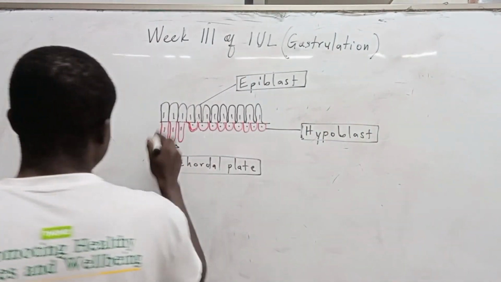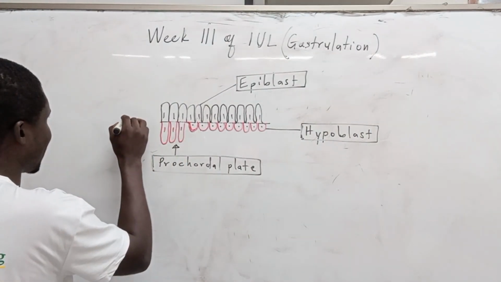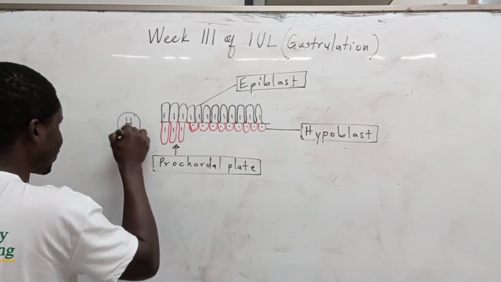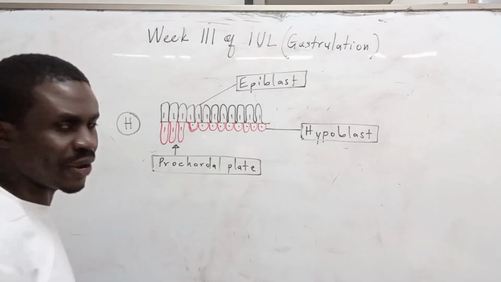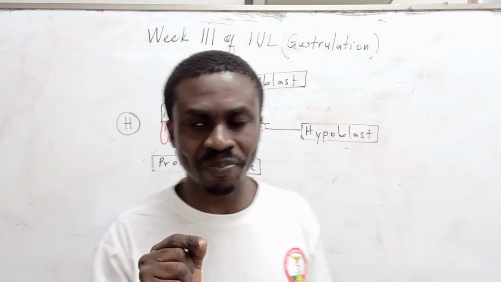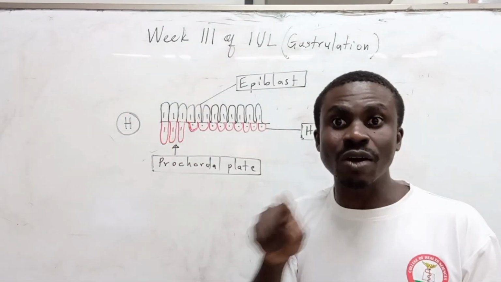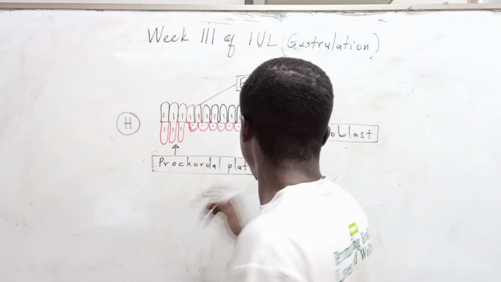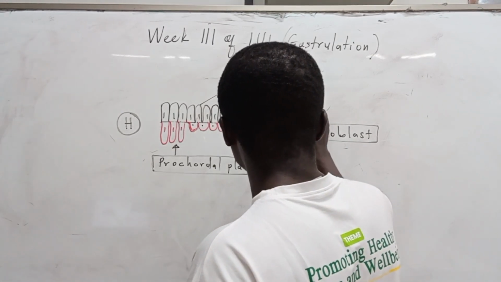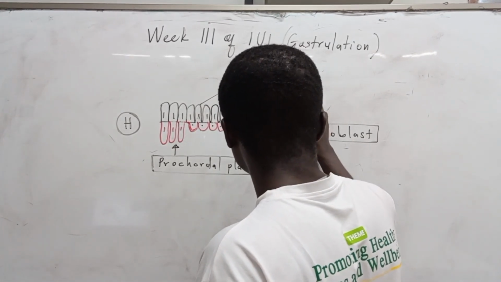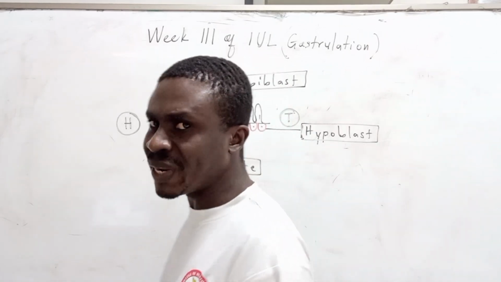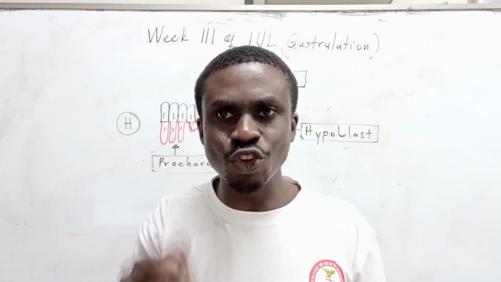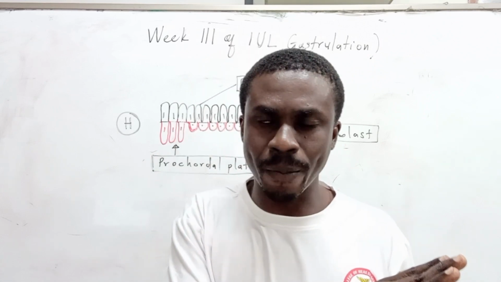So at this point, I know there's the cranial end, the head end of the embryo. It therefore tells me that the opposite end becomes the caudal end, the tail end of the embryo. So this procaudal plate is helping us to establish the craniocaudal axis of the embryo.